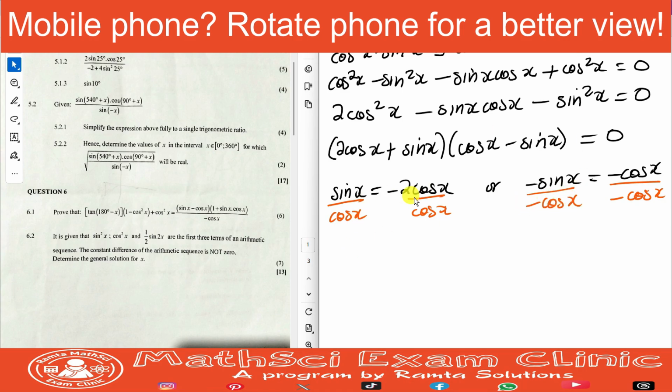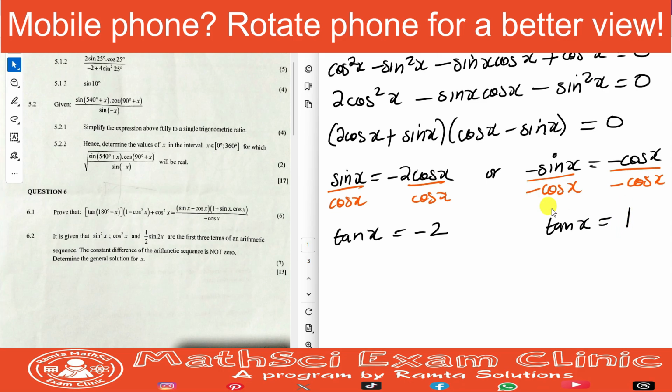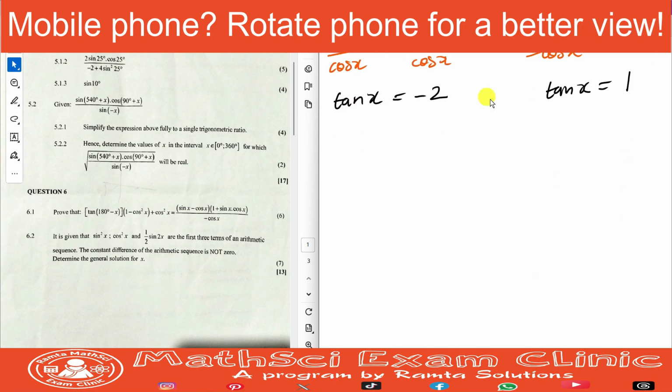So tan x over cos x is tan x. Negative 2 cos x divided by cos x, we are left with negative 2. Negative sine x over negative cos x becomes tan x, and negative cos x divided by negative cos x is positive 1. Then we have to take each of these by parts.